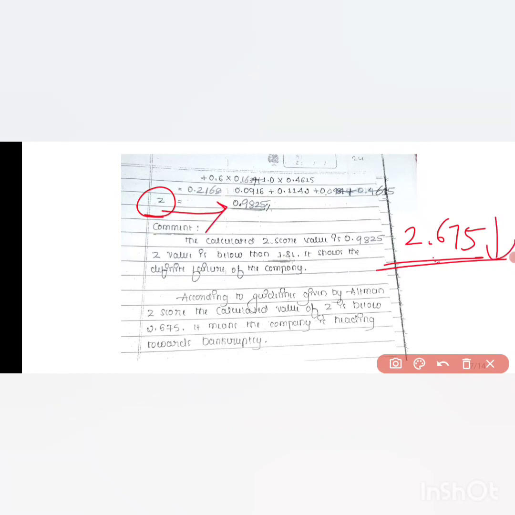That's why we can comment here that the company is heading towards bankruptcy. The calculated value is 0.9825, which is below 2.675. That's why we can say the company is heading towards bankruptcy. If the value is more than 2.675, we can say the company is financially sound.